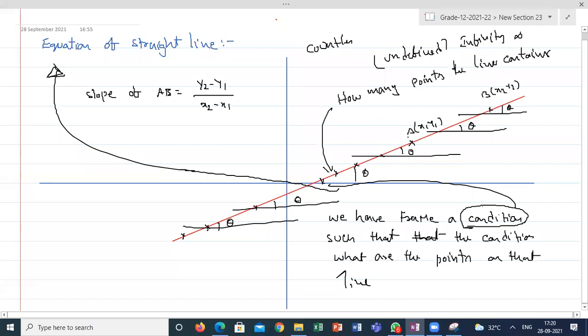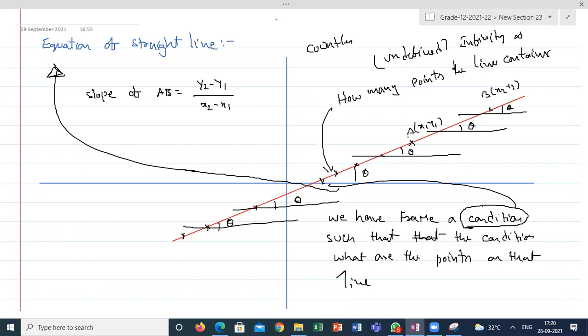What is meant by the equation of a straight line? In general, we already did this in grade 10, simultaneous equations and all. An equation of two variables of order 1 will represent a straight line. If it is only one equation, it has many solutions. What is the meaning of many solutions? That equation has a set of xy values of unknowns. If I give ax plus by plus c is equal to 0, and ask you to calculate x and y with a single equation, infinitely many sets of xy values can satisfy this condition.